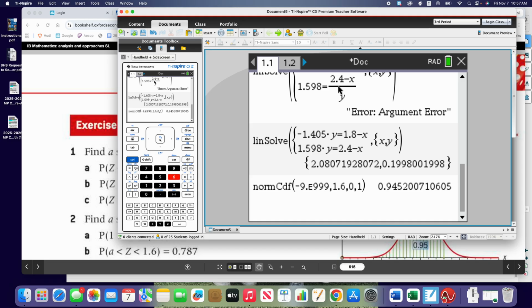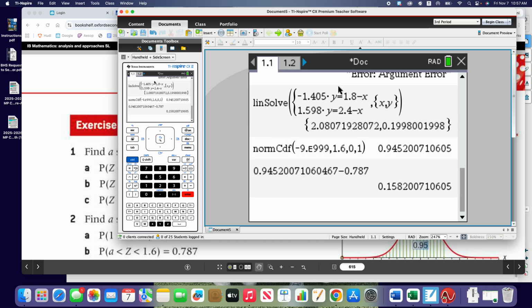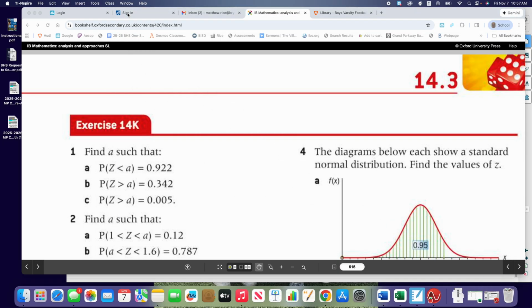So all the value less than that is 94.5%. But I have that middle little section of 0.787 that I'm going to take out. And so I have 0.158 left over.